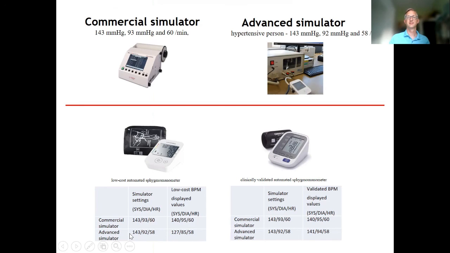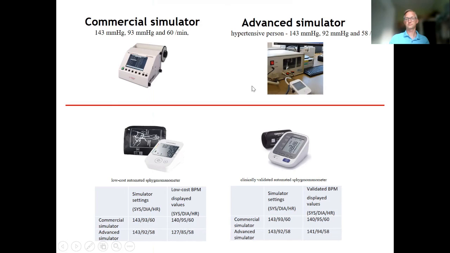But when we used the real life physiological signals of living persons, this device, which probably has a not so complex mathematical algorithm built in, had actually huge errors, in the order of 15 millimeters of mercury, meaning that this device is not recommended to be used. But you couldn't see this with the commercial simulator.